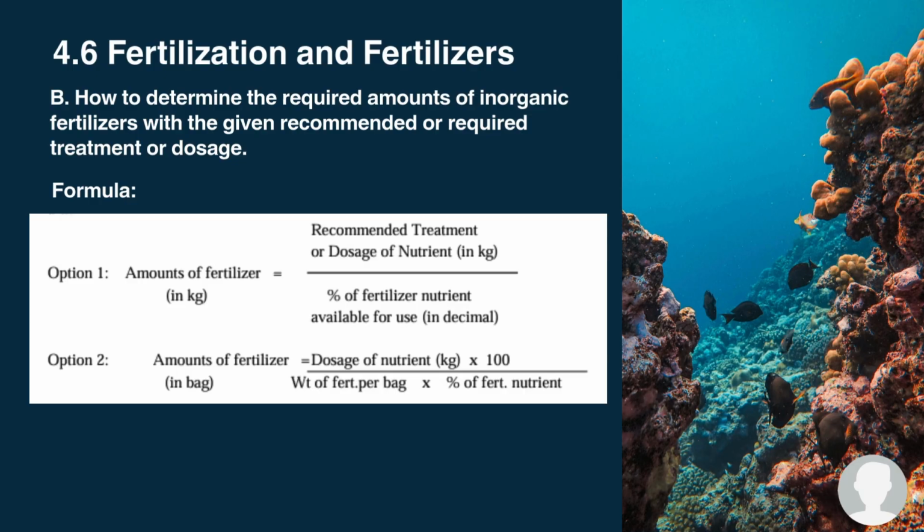Another option: the amount of fertilizer in bags is equal to the dosage of nutrients in kilogram times 100, divided by the weight of fertilizer per bag multiplied by the percentage of fertilizer nutrient.